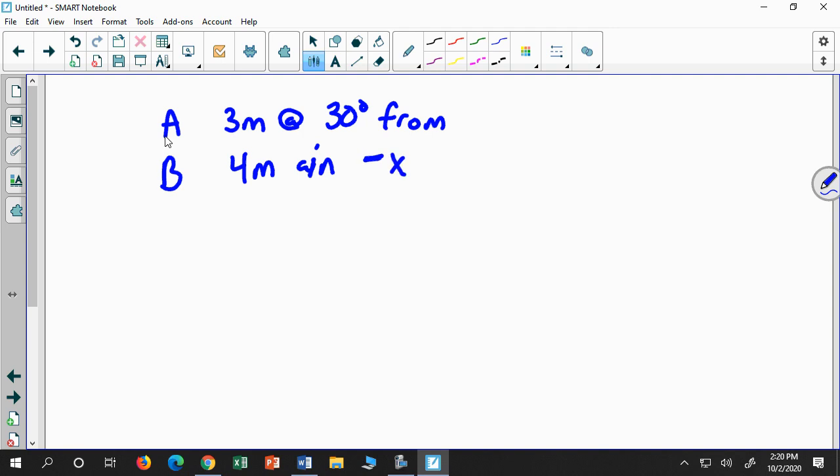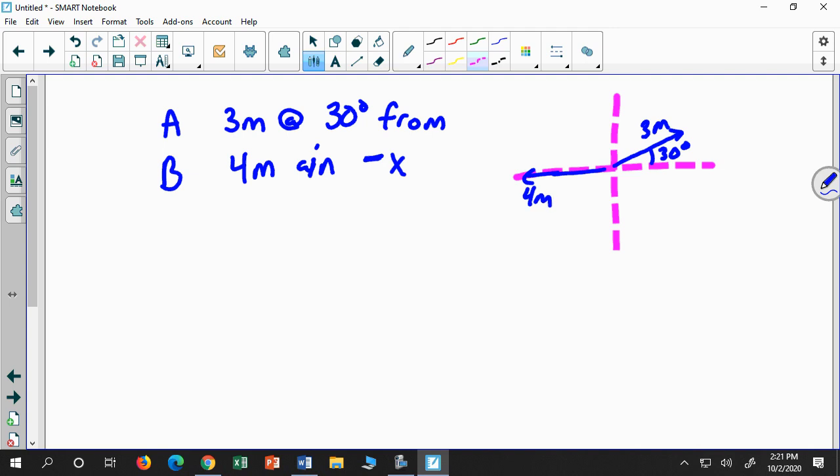So I always like to draw the vectors. It really helps to keep me clear on what I'm doing. So I'm going to draw the first vector, 3 meters at 30 degrees from the x-axis. It looks like that. This is 30 degrees. This is 3 meters. And then I have 4 meters in the negative x direction. So those are my 2 vectors.